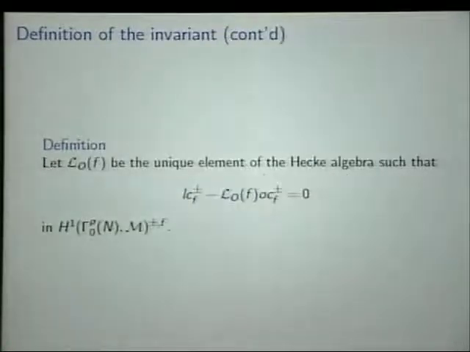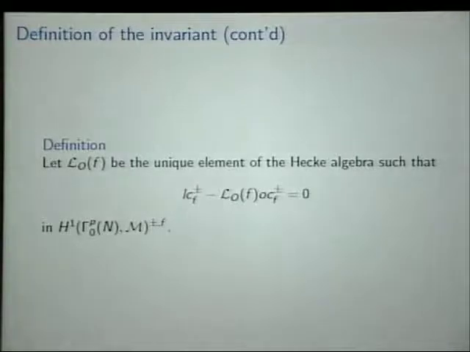If that happens, you can define an L invariant to be the ratio, basically the number you have to multiply this guy by to get this guy inside this one-dimensional space. And that's called the Darmon-Orton L invariant. Okay? So the form of the definition is very similar to the LT, but the thing itself is quite different. These are in much bigger groups.